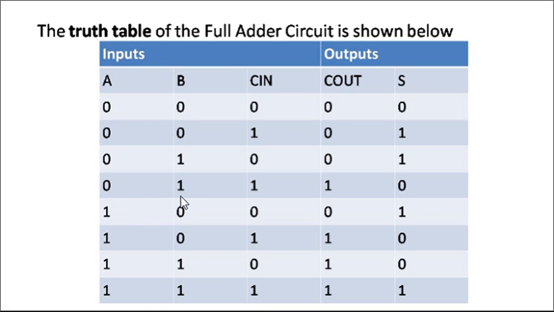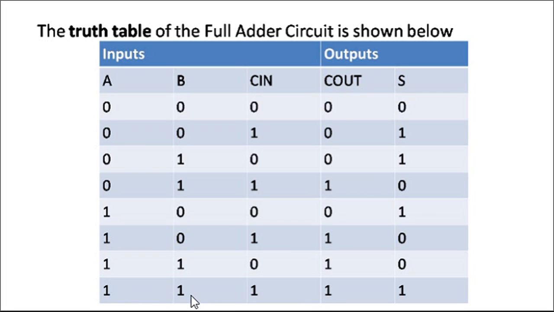See here, 0 plus 1, sum is 1, carry is 0. That sum 1 plus Cin value 1. By applying the binary rule, 1 plus 1, sum is 0 and carry is 1. For the last one, 1 plus 1, sum 0 and carry 1.